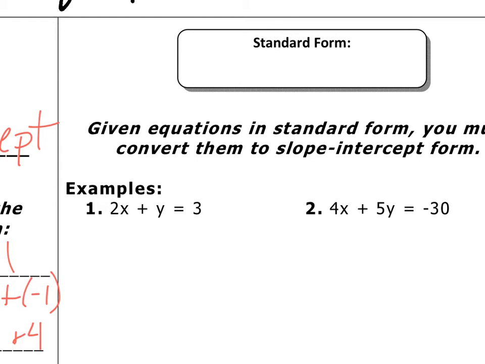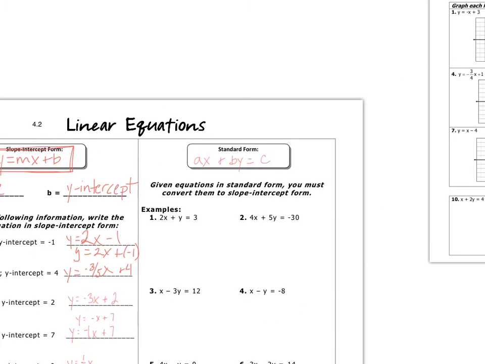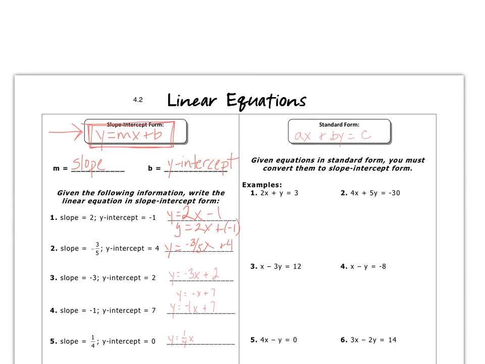Standard form says ax plus by equals c. Basically, this one has x and y on the same side. If you look back at slope-intercept, x and y were on opposing sides. Here, x and y are together, and then we have this other thing, c, which is off on the other side. C is just a constant in this case.